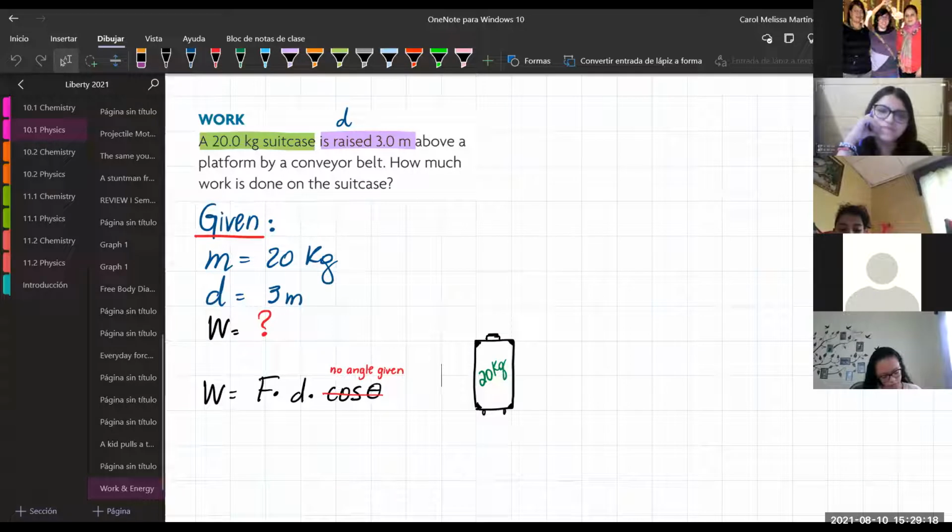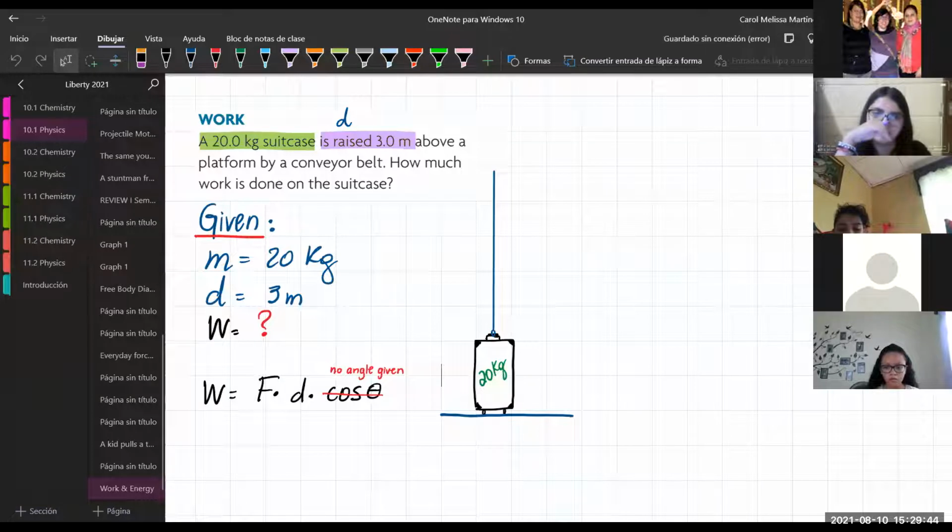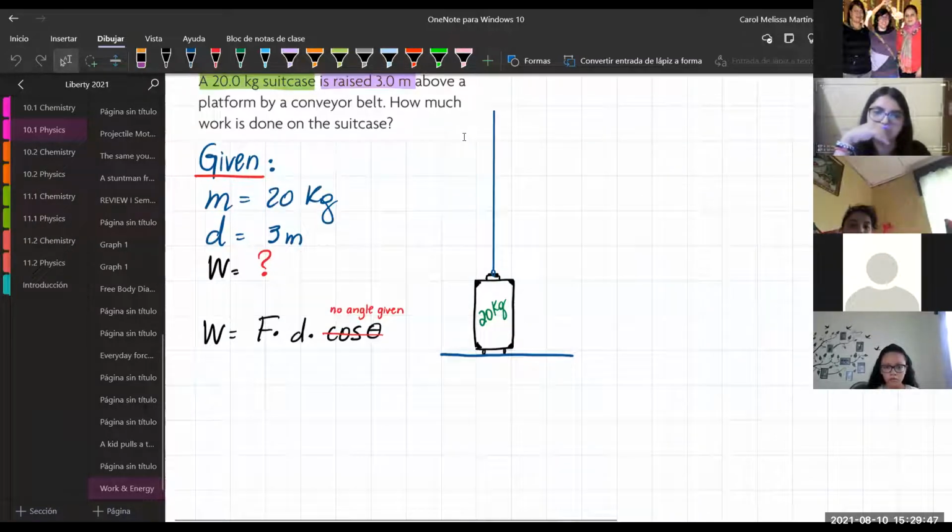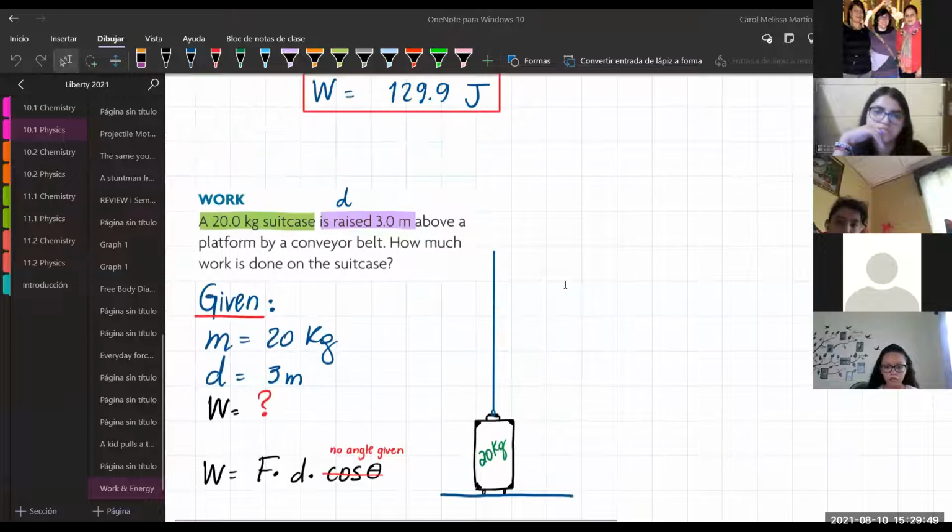And, okay, this is the ground. And it says that it's lifted a distance of 3 meters, okay? And here above, I'm going to have like the platform.